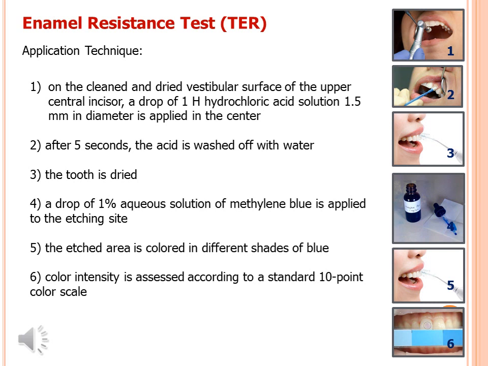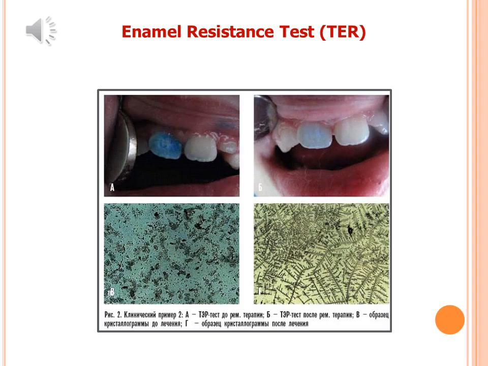Next, the etched area is colored in different shades of blue, and color intensity is assessed according to a standard 10-point color scale. On the slide you can see the staining of the central incisor with methylene blue of varying intensity.